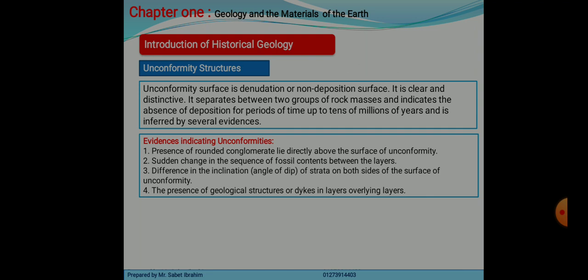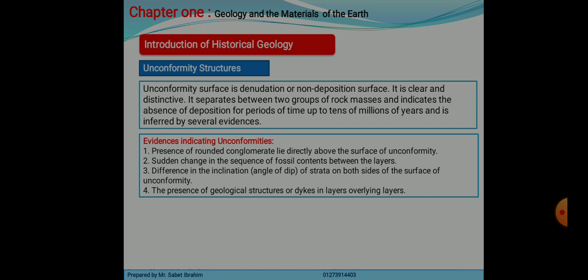Number three, the angle of depth of strata is different. So, a difference in the inclination or angle of depth of strata on both sides of the surface of unconformity.